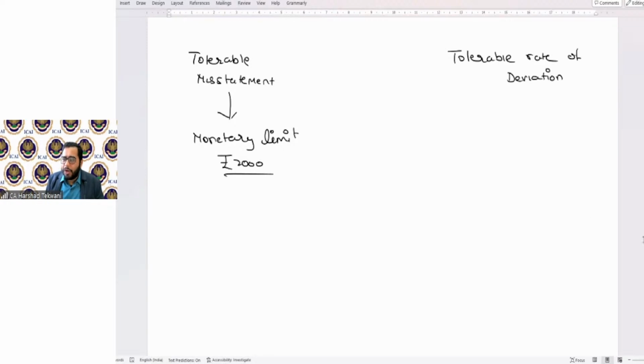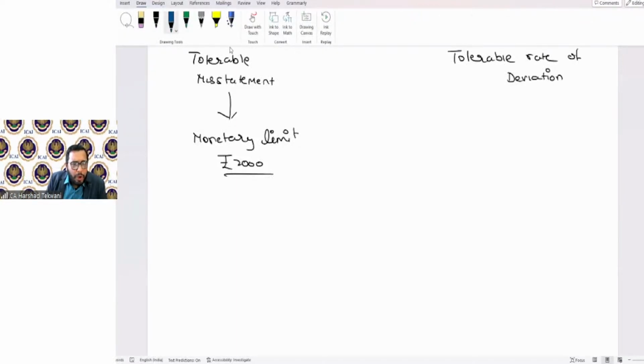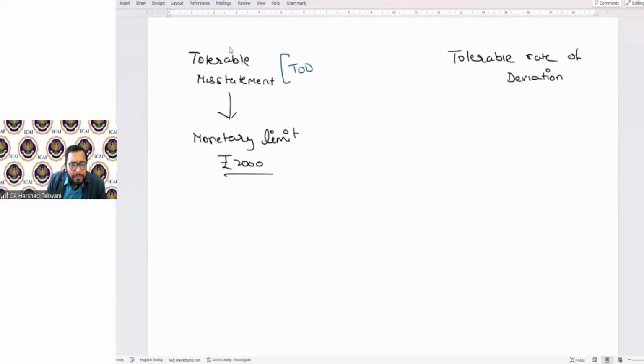That is a tolerable misstatement, and that is used for TOD. When I do a test of details, I use tolerable misstatement as a limit. Some of the sample selection criteria also contain a tolerable misstatement limit.